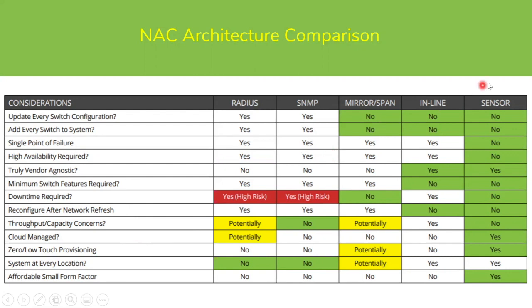So one of the things about the sensor architecture approach is it addresses almost all of these concerns. You may need to implement a sensor at every location depending on your architecture, but aside from that, really all of the other concerns are mitigated by this architecture, and it gives you very quick visibility into your network without a network integration team of professionals.